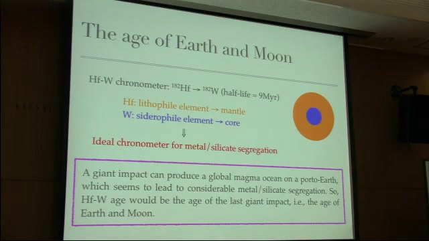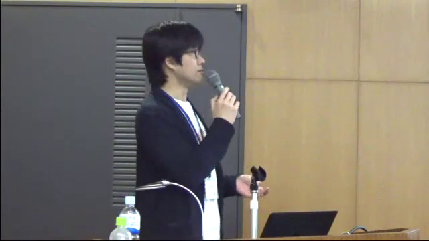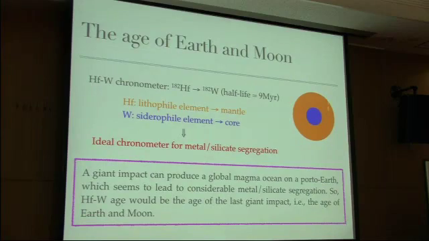So we can use this system to estimate the age of the Earth and the Moon. In this system, we have to measure how much 182 tungsten is contained in the mantle part. Then we can estimate the age.